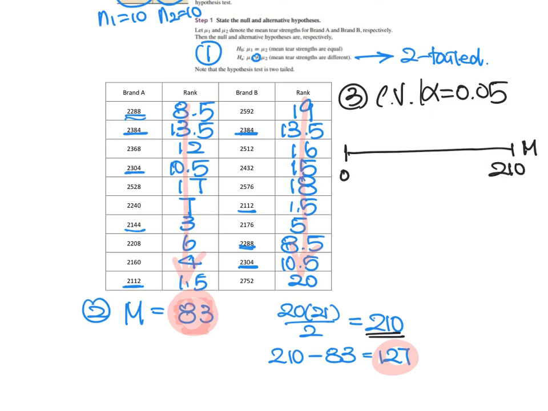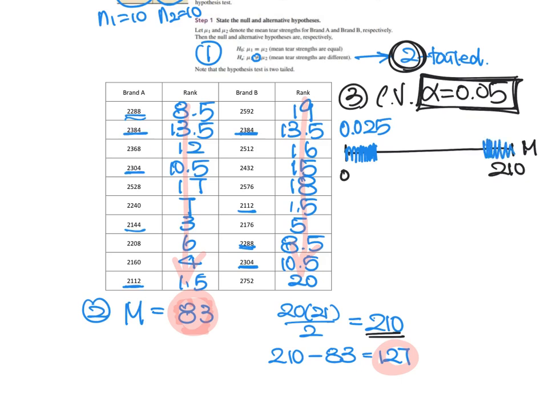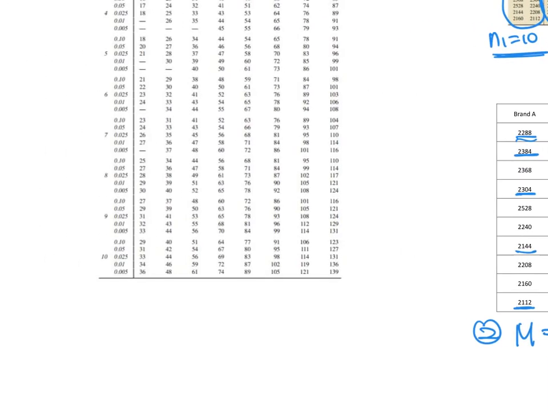And now we have 0.025, but it is two-tailed, so we have to split half and half. The left tail is 0.025, and the right tail is 0.025 because it is two-tailed. So with sample sizes 10 and 10, and the probability 0.05, let me go to the table.